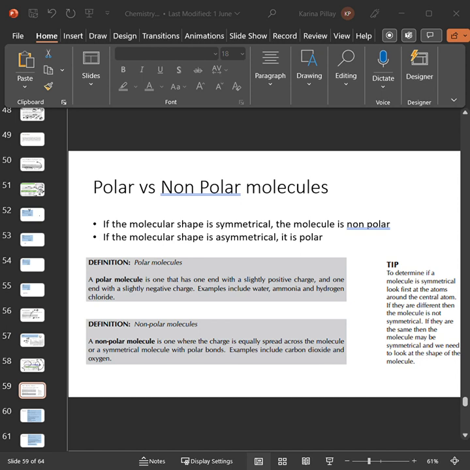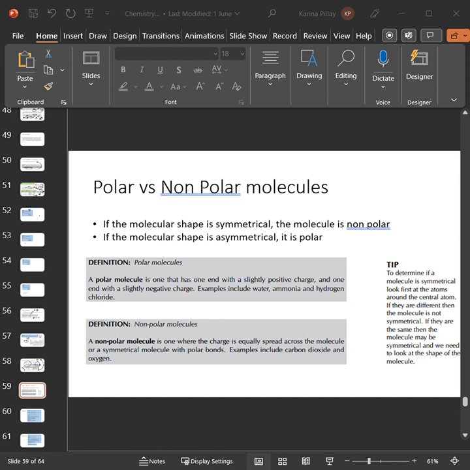But if you're getting a number between 0.1 and 2, then this means it's a covalent bond. If you're getting a number greater than 2.1, this means that it is an ionic bond. But you don't stop here, you have to do one more step.